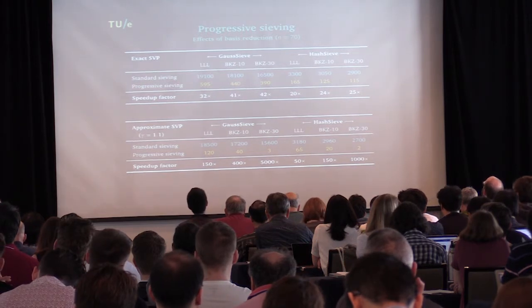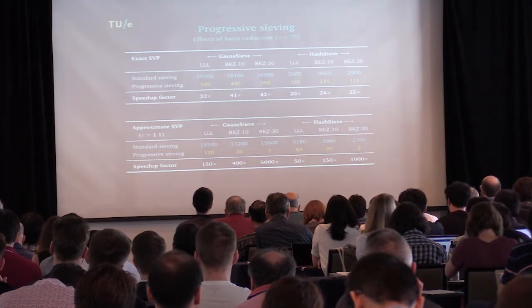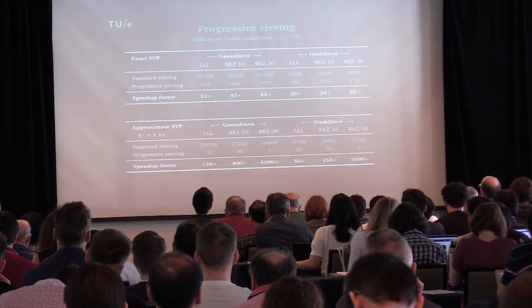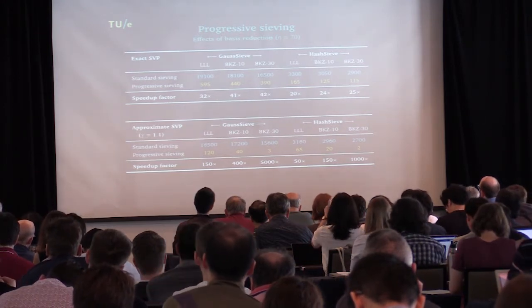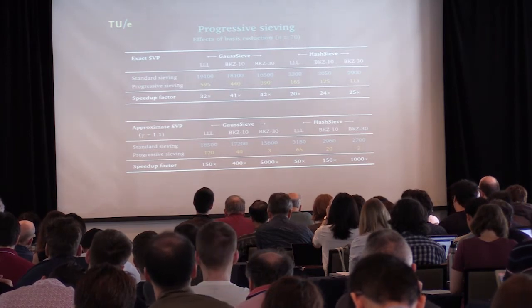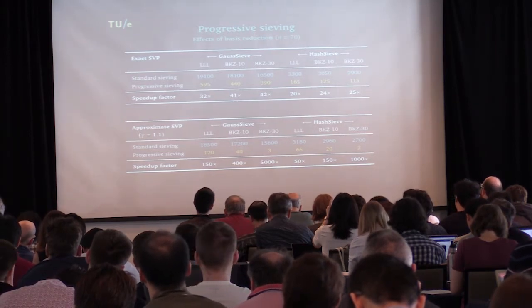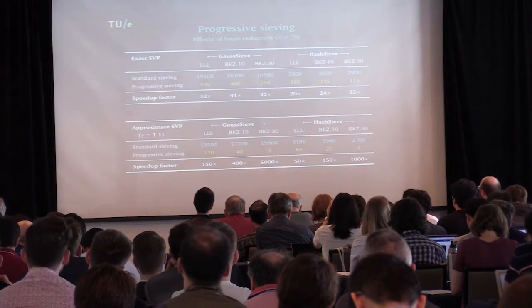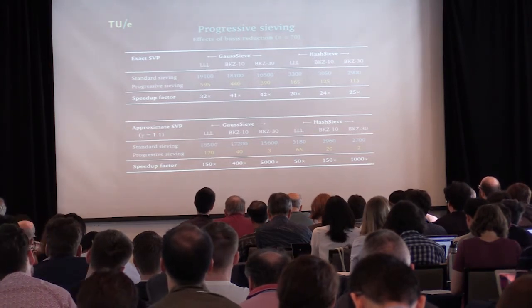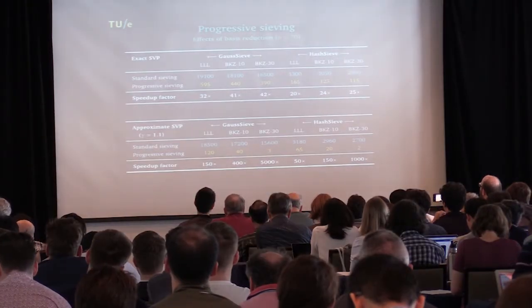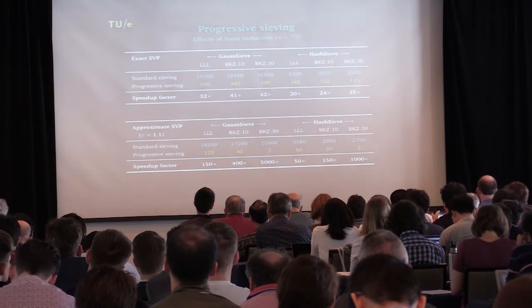Like standard sieving, it takes like 1900 seconds with an LLL basis and 60,000 with BKZ-30. It's like, okay, it's a bit less, but not so much less. And you would expect, for enumeration at least, you really notice this difference. Like if you start with a much better basis, enumeration is much faster. And for sieving, you don't notice it as much, but now you notice it a bit more with this progressive approach. And again, that's what you would expect, that you gain more from a nice basis.